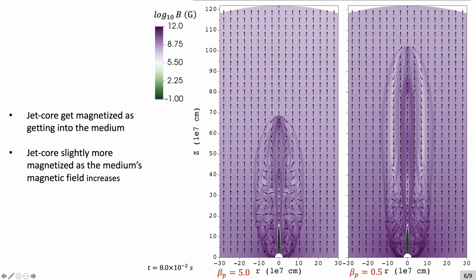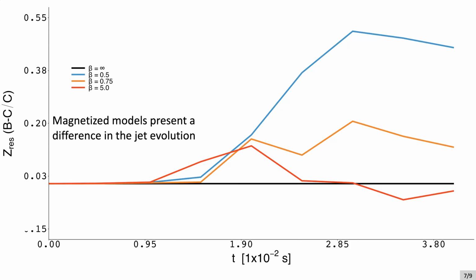The jet core is slightly more magnetized as the medium magnetic field increases. Here we have a plot comparing the distance that each jet travels. The magnetized models present a difference in the jet evolution, as you can see here.